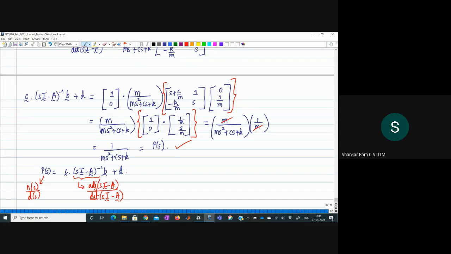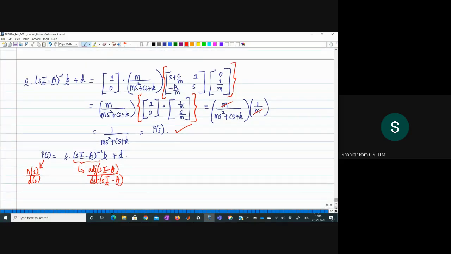So immediately, if you look at the two sides and look at the denominator, the denominator on the left hand side will be D of s, right? So the roots of D of s are what are called the poles of the transfer function, right?